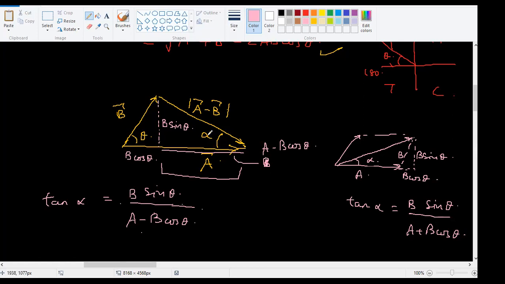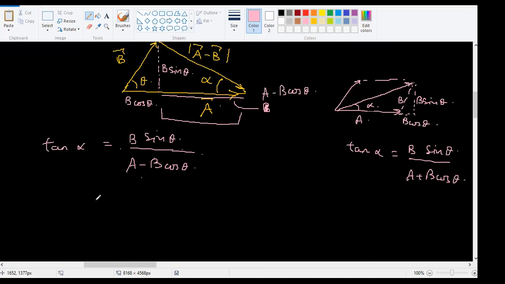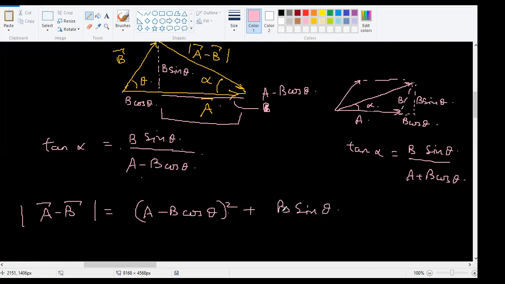Even this formula, I could have derived it from here. So if I want this, you see, this is the right triangle, which means I can use the Pythagoras theorem. So I can say the magnitude of A minus B is nothing but A minus B cos theta, which is the bottom part, the adjacent side, whole squared, plus B sine theta, the whole square.